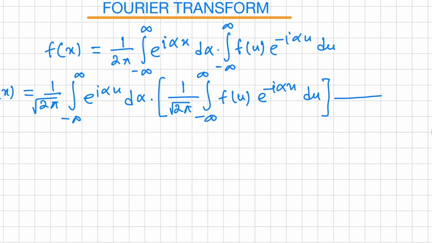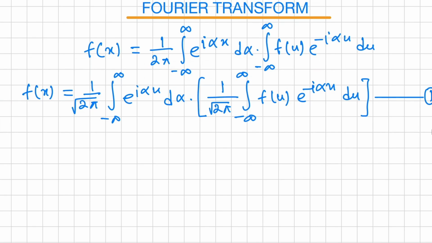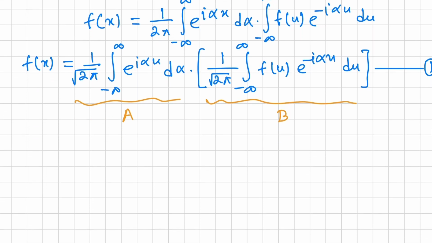Let me call this integral equation 1, and then I can divide both these parts. I can say that this is part A of this integral, and this is part B of this integral.